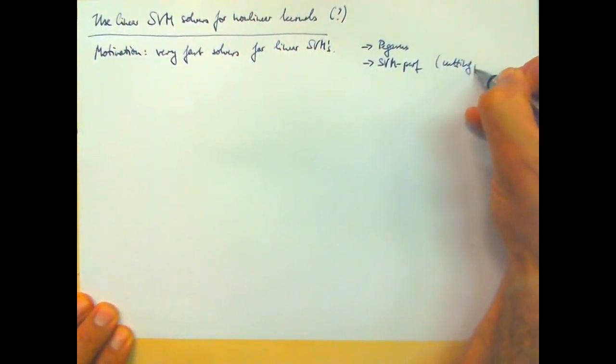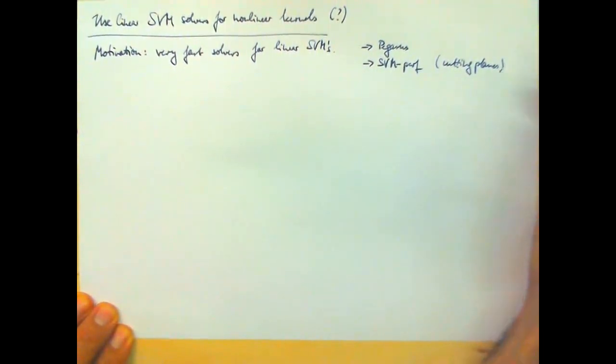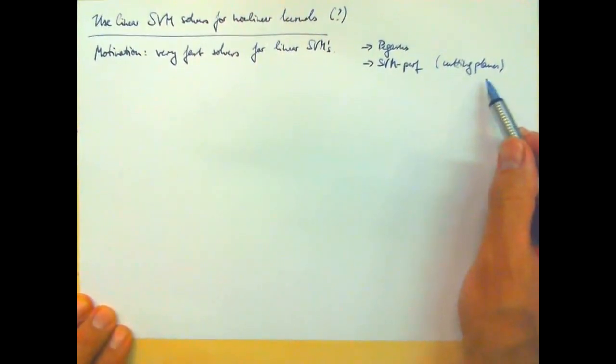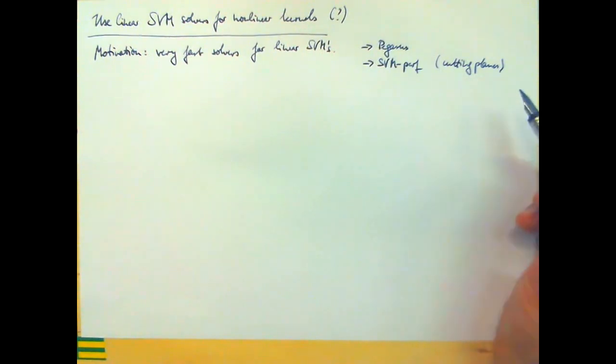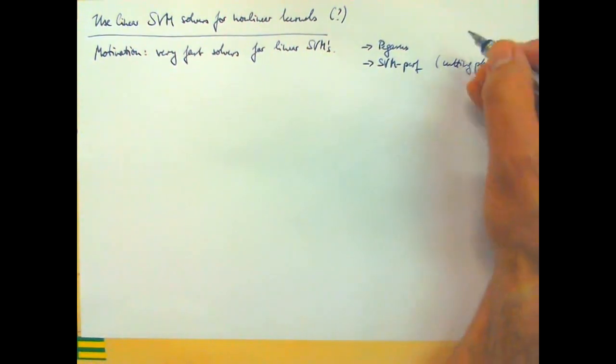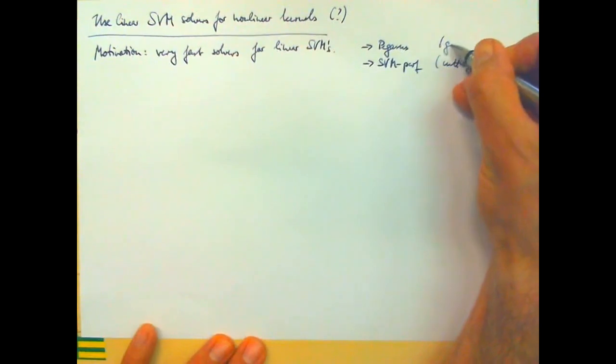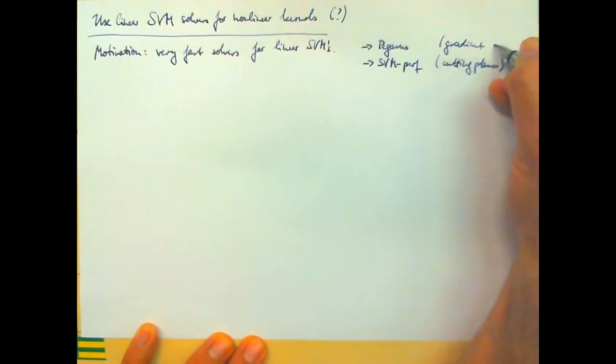So in cutting planes, you start with a suboptimal weight vector W. You then look for samples that violate your constraints. You add these to your definition of the problem. You solve again, and you keep doing that until you're happy. Which is also kind of gradient descent, essentially.